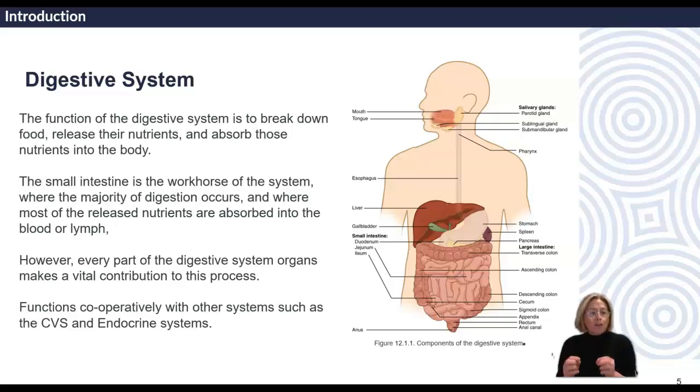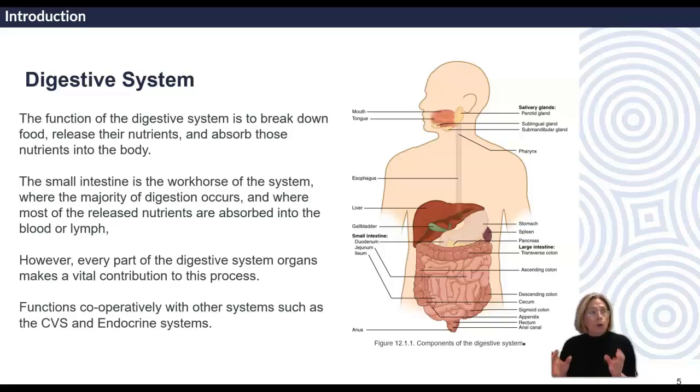However, every part of the digestive system organs make a vital contribution to the whole digestive process. And the digestive system itself functions cooperatively with other systems, such as the cardiovascular system. Obviously the products of digestion are transported via the cardiovascular system to body cells to be used. And also the digestive system cooperates with the endocrine system.